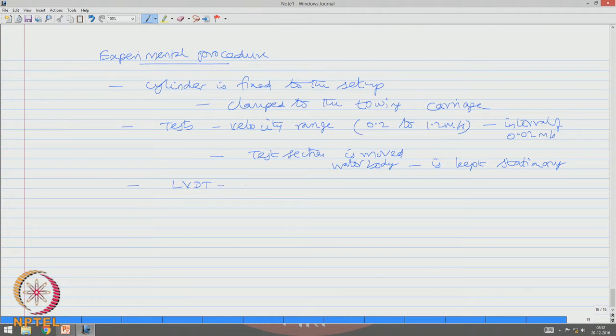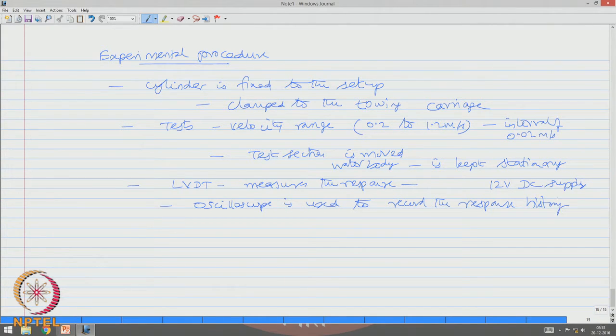LVDT, which measures the response, receives supply from a 12 volt DC supply. Oscilloscopes are used to record the response, I should say response history.